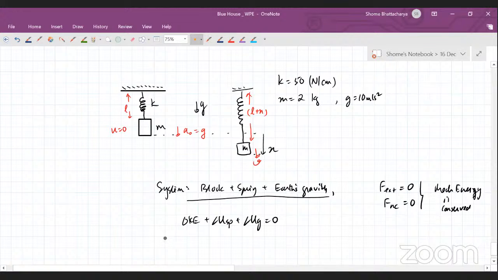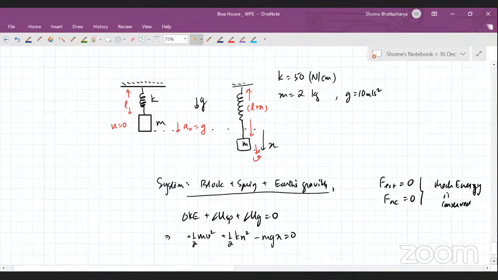So going from here to here, the kinetic energy is changing from 0 to half mv square. So positive change. The spring is stretching from 0 to x, so plus half kx square. But the object is going down through a displacement x, so minus mgx is equal to 0. So very simple relation.